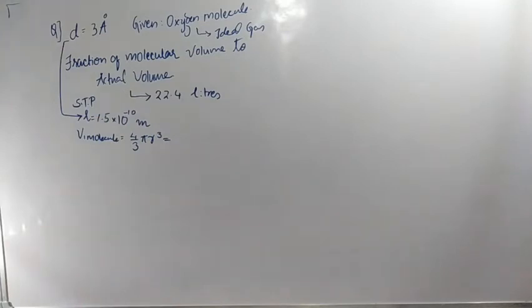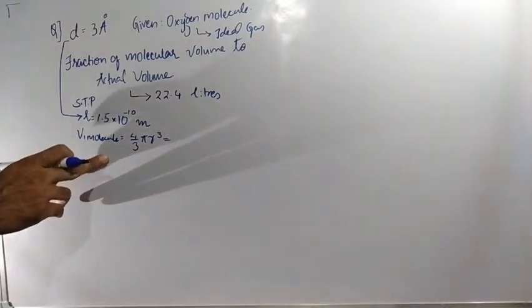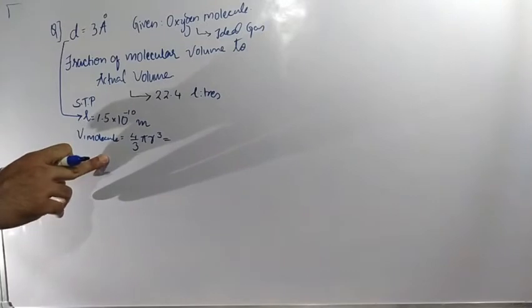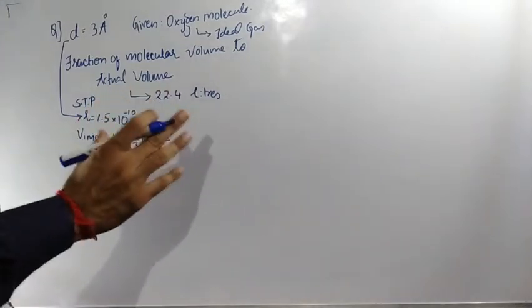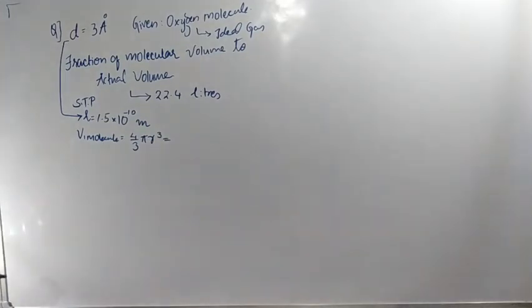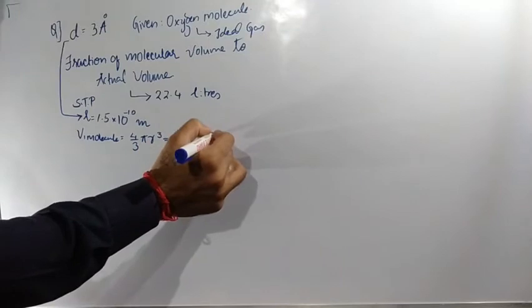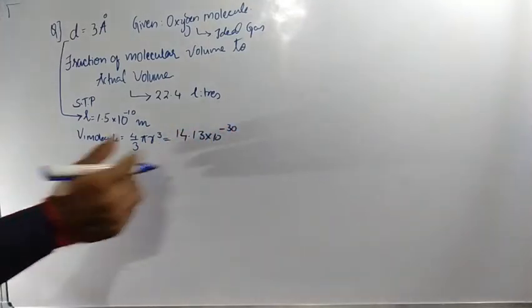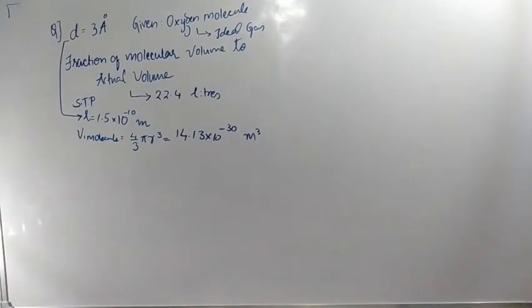If you calculate the volume for one molecule, you get approximately 14.13 into 10 to the power of minus 30, in the units of meter cube.